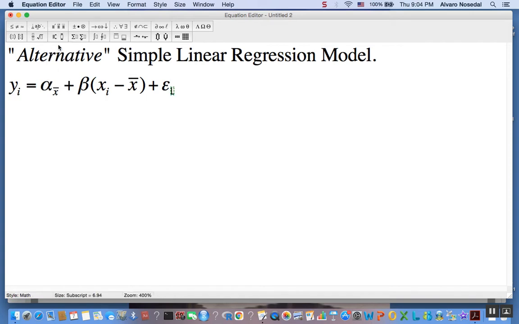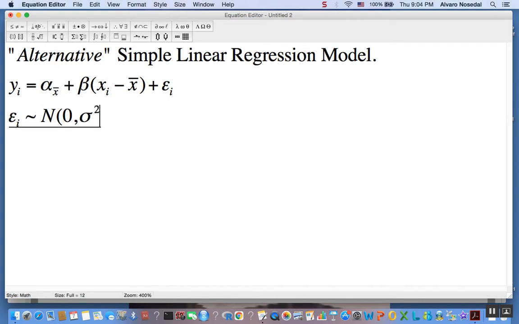Epsilon i represents a random fluctuation, and we are going to make a few assumptions about the probabilistic behavior of that random fluctuation. We are going to be assuming that it's normal with mean 0 and variance sigma squared.